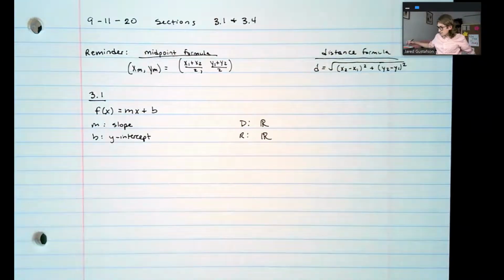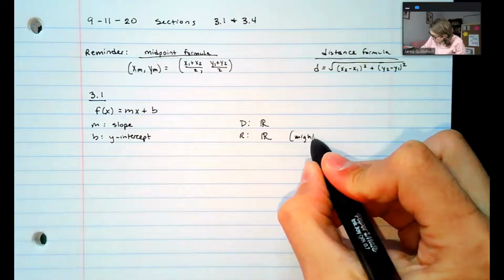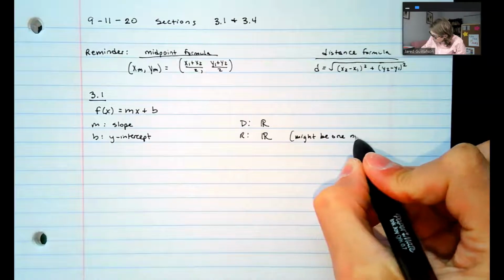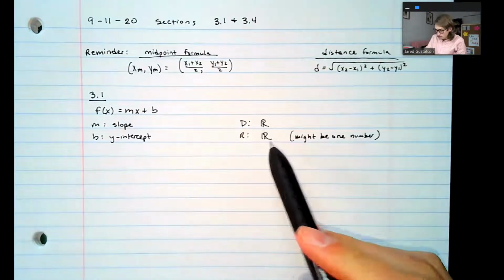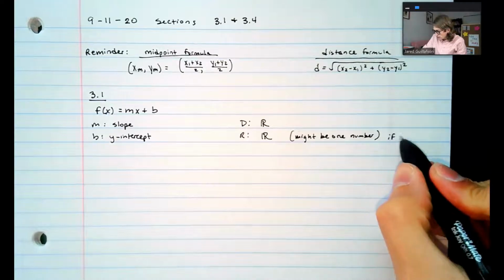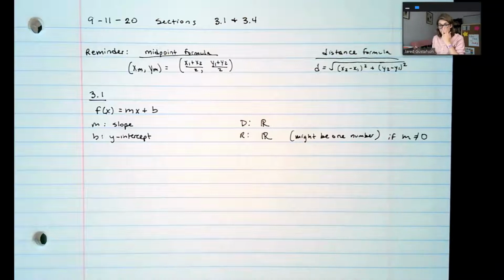It might be one number if it's a certain kind of function, but in general it's all real numbers as long as m is not 0.